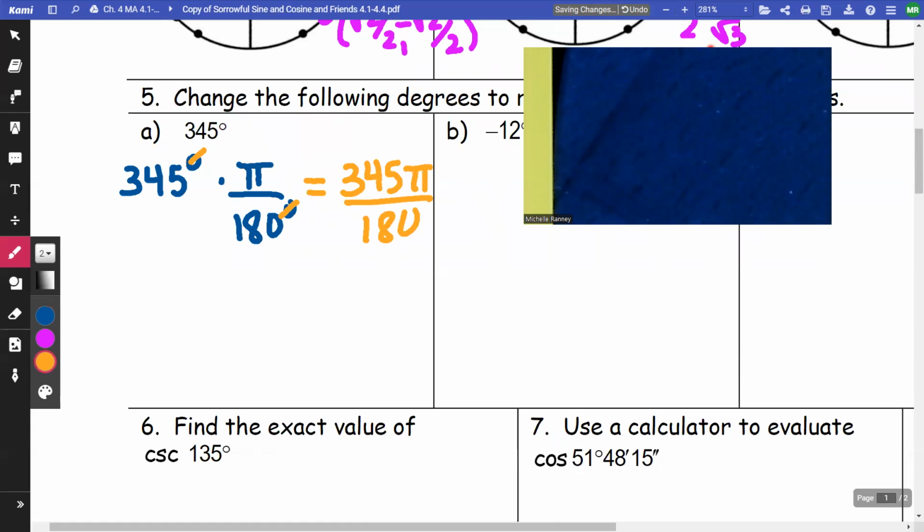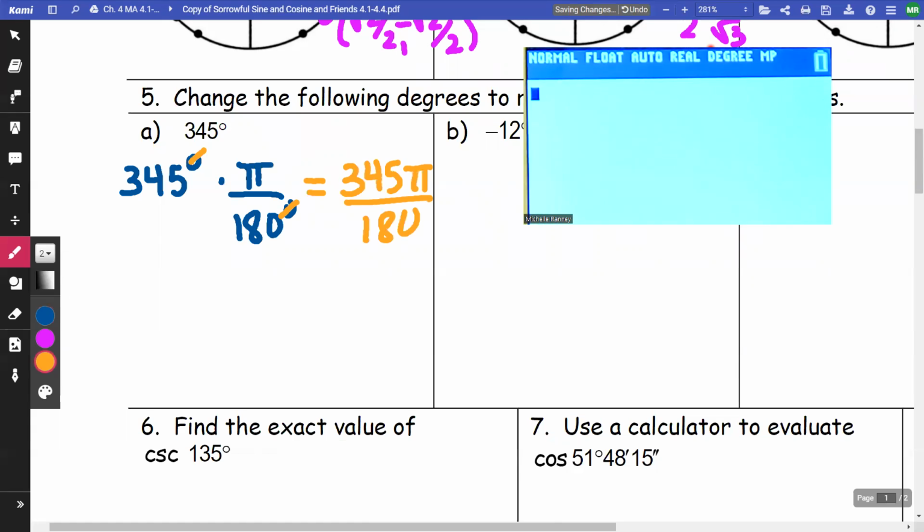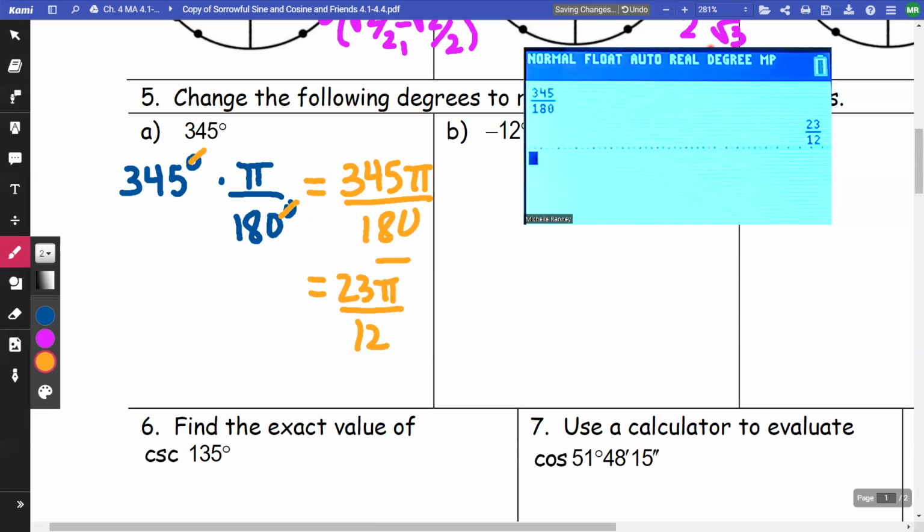If I get my calculator on and put in 345 over 180, I end up with 23 over 12. So that is going to be 23 pi twelfths. That's my answer.